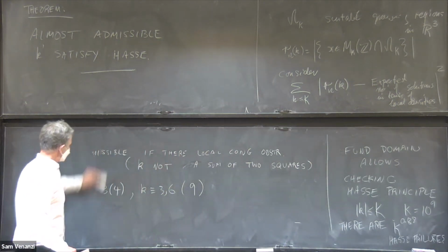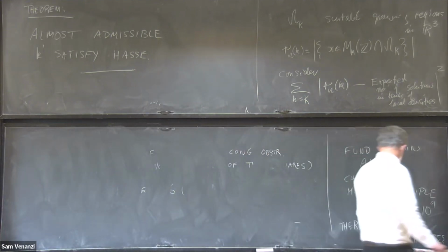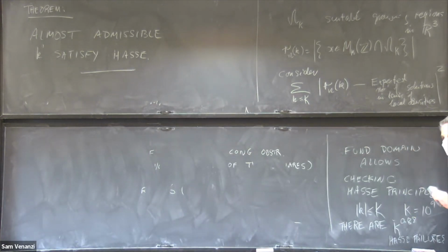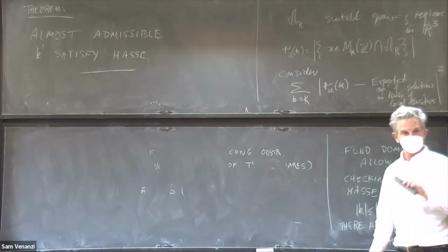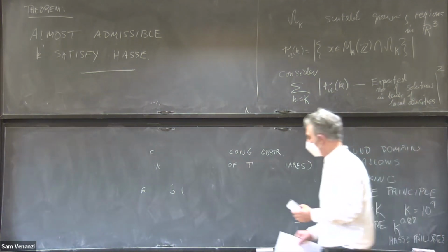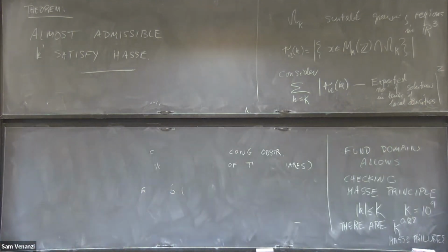All right, so are there Hasse failures? Yes, there are from the descent argument. But can we produce Hasse failures by using some better argument so as to prove the infinitely many Hasse failures? And that we did. That's going to be the source of the fact that the commutator problem also has a failure.